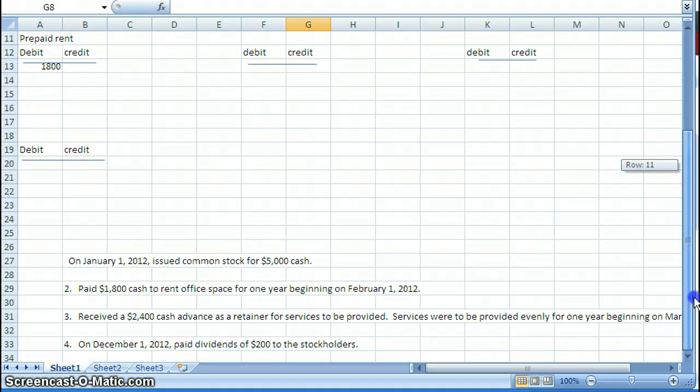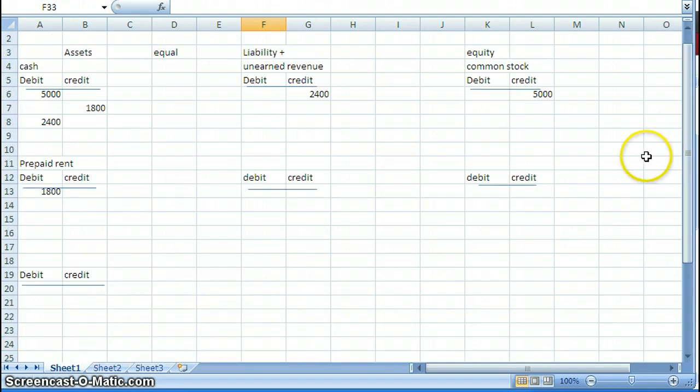Then we pay dividends to stockholders, $200. Cash goes down $200.